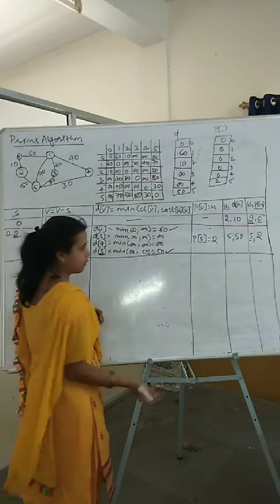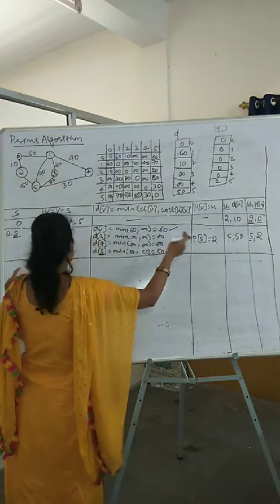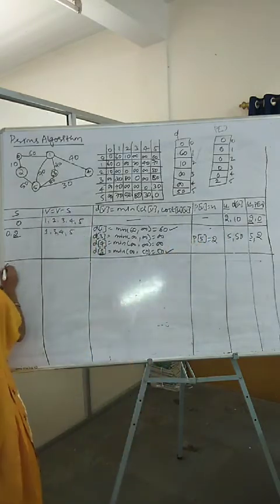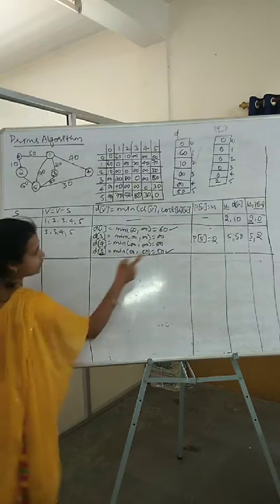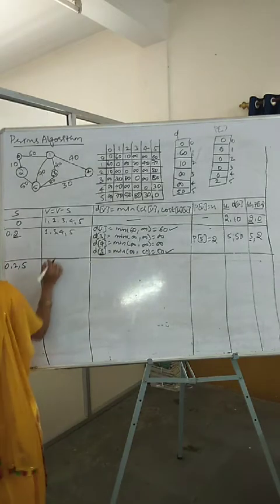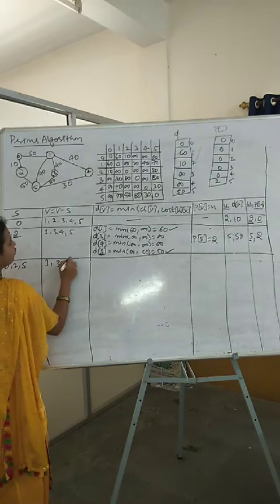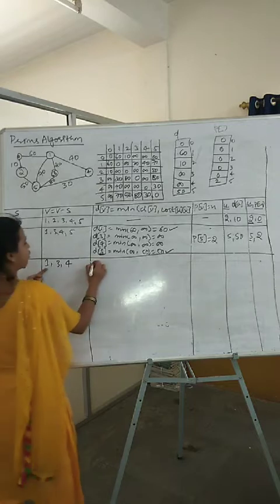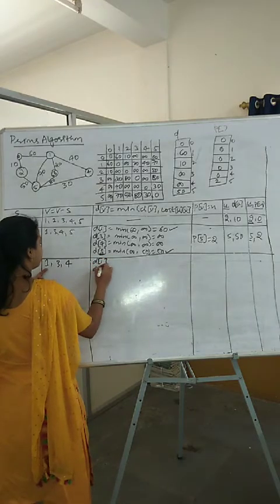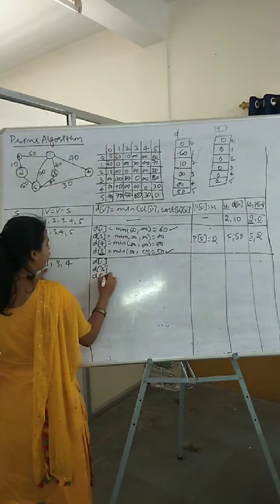Next, what is the third step? Add the u value to S. What is u? 5. So it is 0, 2 and 5 here. Remove 5 from here, so 1, 3, 4 will remain. So now I am going to write here d of 1, d of 3 and d of 4.